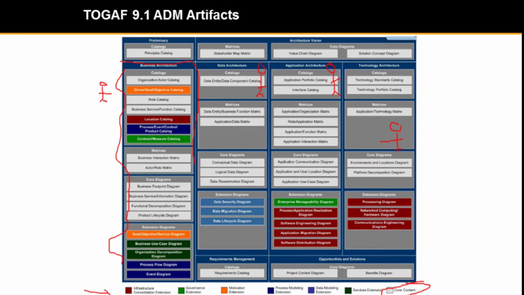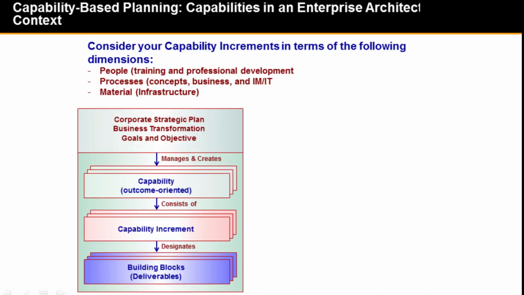So without really going through a whole lot of details about it, this is the list of artifacts that we're going to be working with, and that will result as an output of the work of your architecture definition method, or architecture development method.